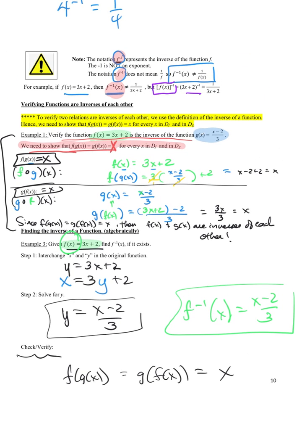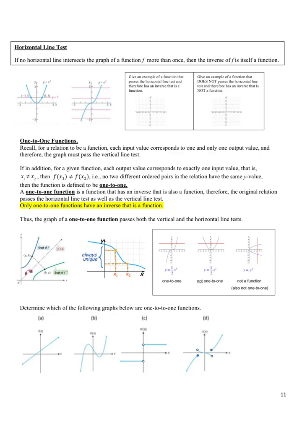So we know that taking the inverse of a function is a reflection across y equal x. We know what the notation means, what it means to show that we're taking the inverse of a function. We know what we need to show if two functions are inverses of each other, and how to represent the inverse of a function.